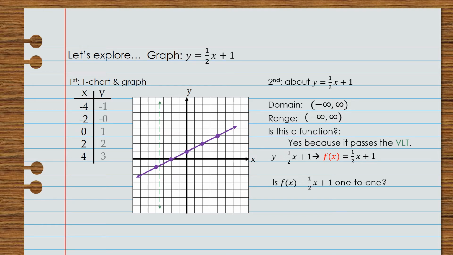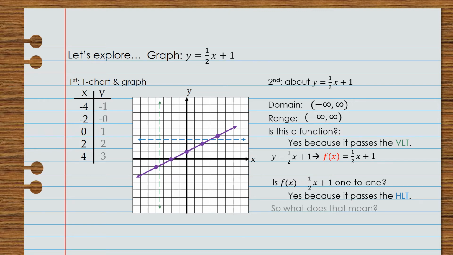Now, the question is, is this function one-to-one? Well, for it to be one-to-one, what test do we apply? Well, that would be the horizontal line test. So if you were to draw a horizontal line anywhere on the graph, does it only cross at one point? And it does, which means yes, this is one-to-one because it passes the horizontal line test.